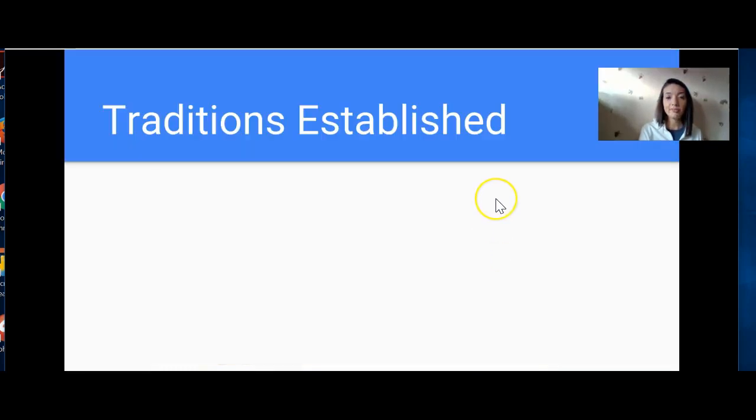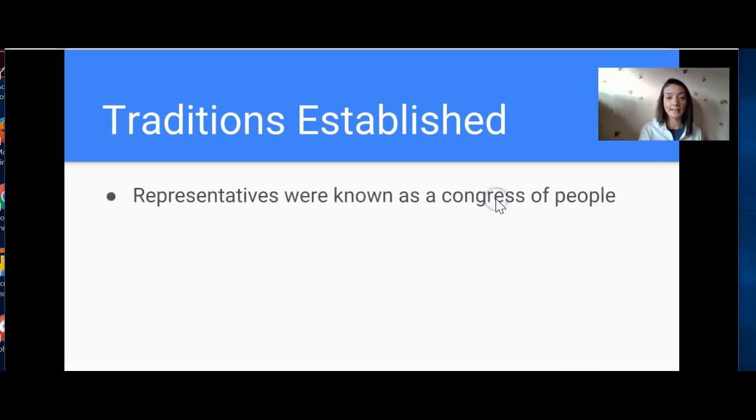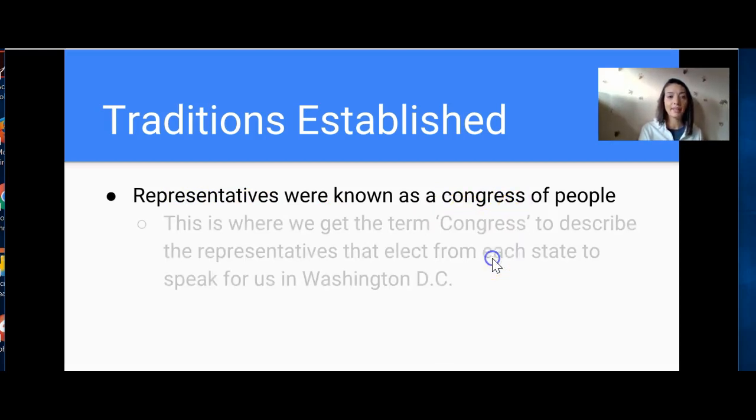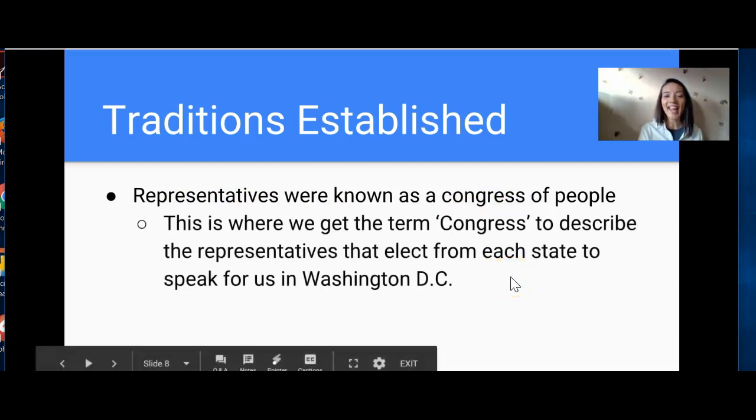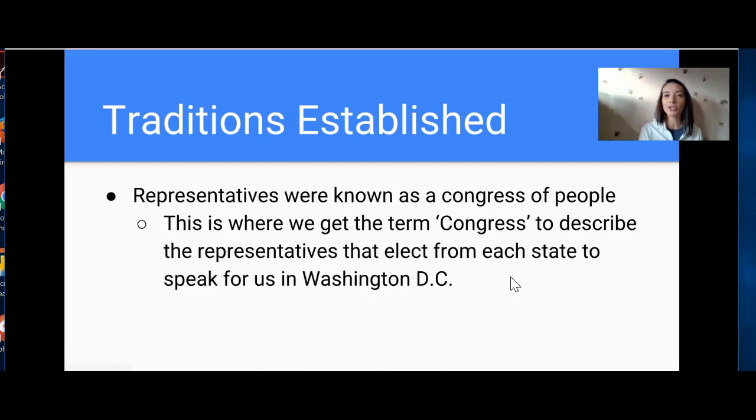Okay. Now, there were traditions that were established that we honor today when the Continental Congress met. So the representatives, the delegates that attended the meeting, were known as a Congress of People. And today, that is where we get our term Congress, right?